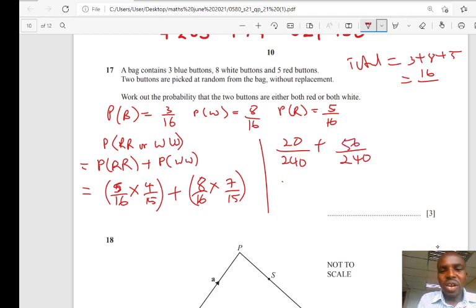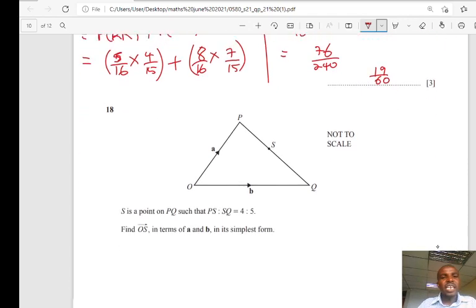You just add the numerators: 56 plus 20 is 76 over 240. Then you can use your calculator to help you simplify. 76 over 240 is 19 over 60. Then that's the probability. Done.